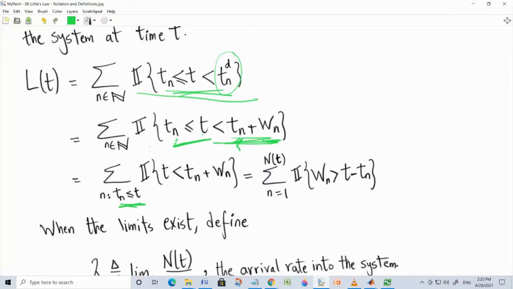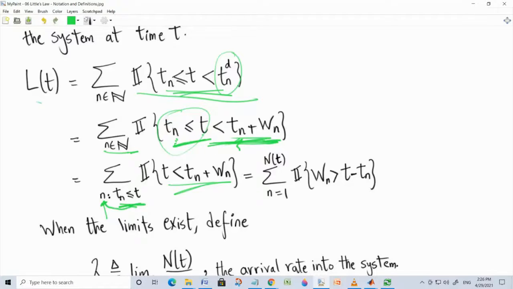I will write this as another way of writing L of t: rather than having the index over the natural numbers, the index n will be the subset of natural numbers such that Tn is less than or equal to t. This is the first inequality. Then the indicator takes care of the other inequality, that t must be less than the departure time of the nth customer.